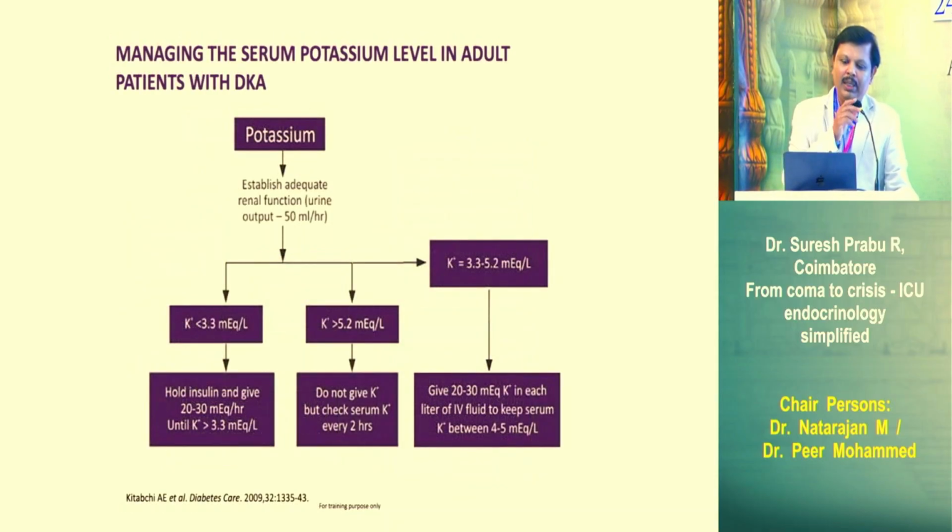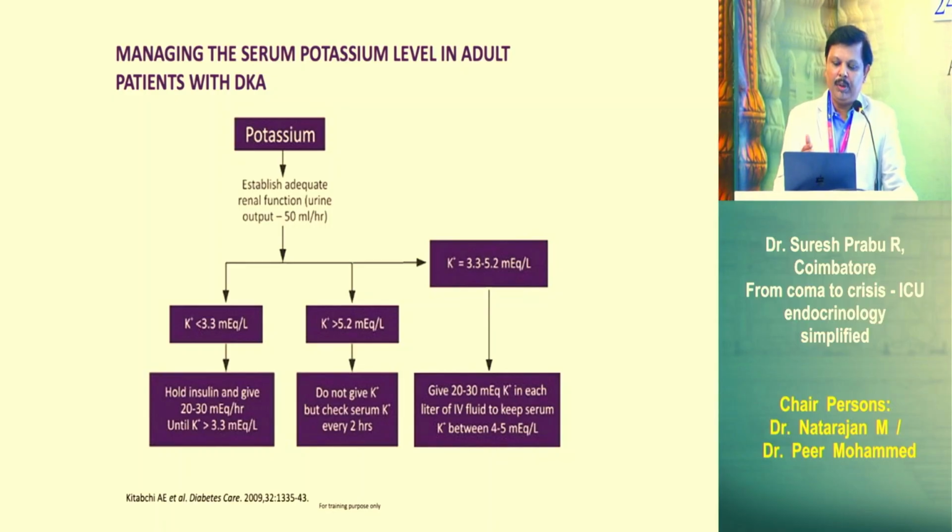The other important thing is potassium. In all patients with diabetic ketoacidosis, we should monitor the potassium serially. Insulin shifts the potassium from intravascular to intracellular. When there is a lack of insulin, this shift happens in the opposite direction. So even when the patient has a normal potassium value, we need to start potassium.